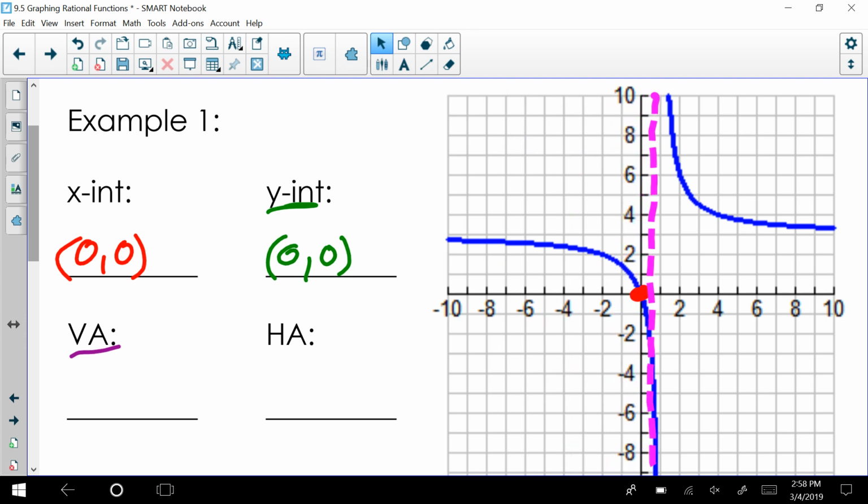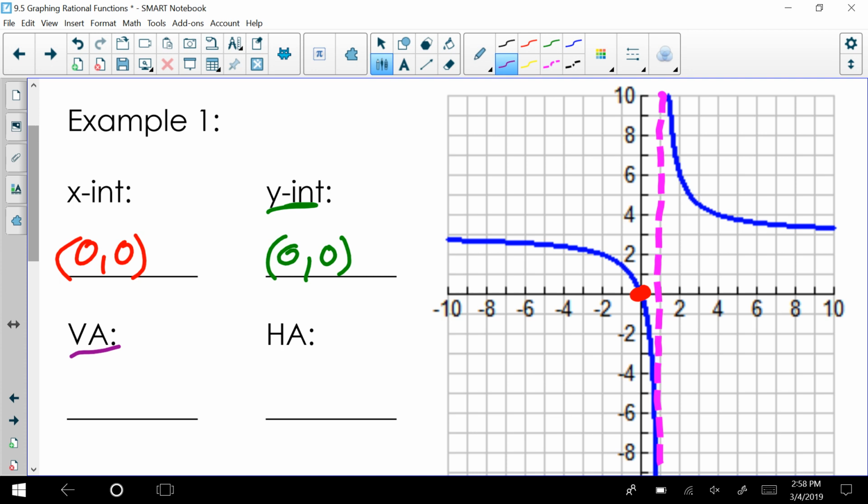Drag it, drag it, drag it. And right here it looks like it shouldn't be hitting it. Right? I get that I didn't draw this perfectly straight, but down here my blue line shouldn't actually hit that. It looks like it just gets closer and closer to it. Same with this one up here. Well, where's that line that I just drew, that pink line? That was at x equals 1.